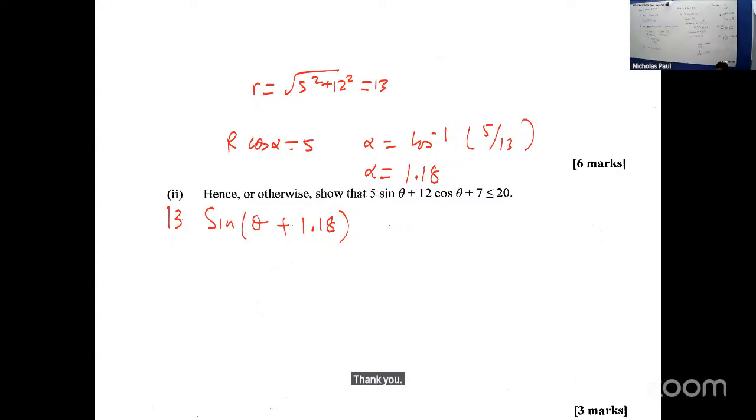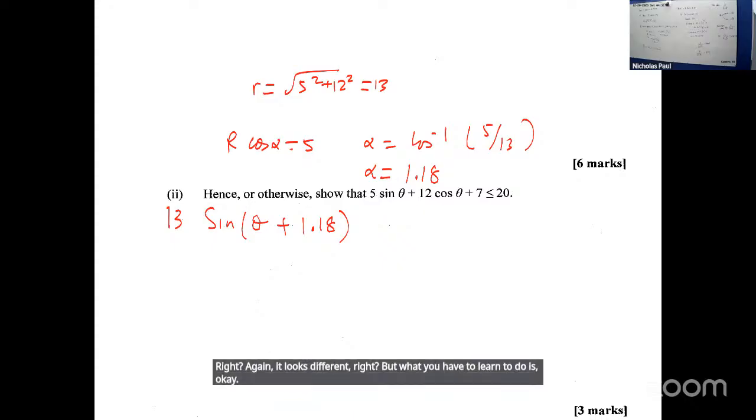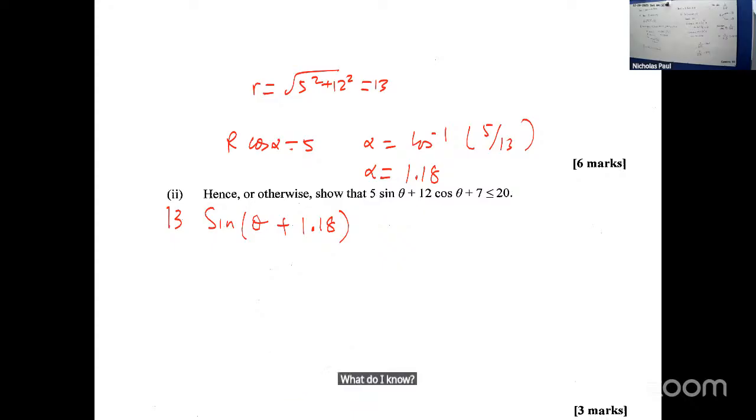So you have to show that it is always going to be less than or equal to 20. Right? Again, it looks different, right? But what you have to learn to do is, okay, what do I know? Right? What do I know?